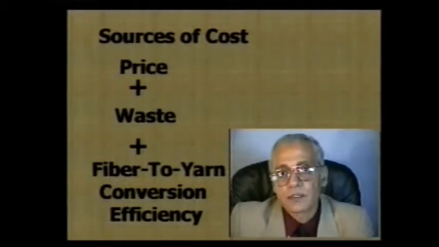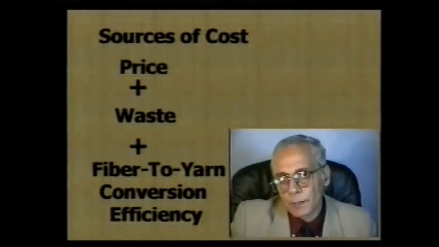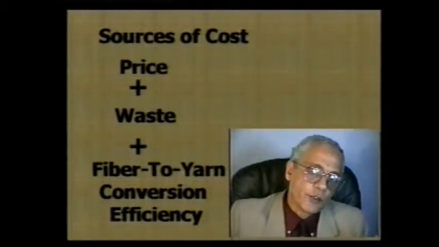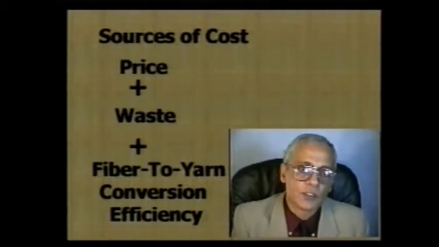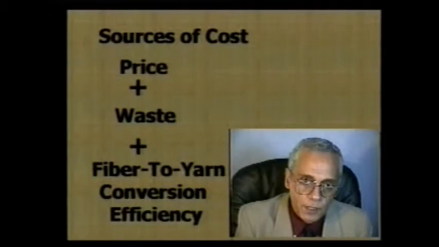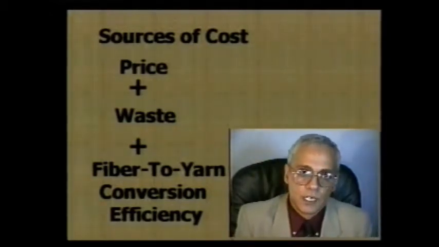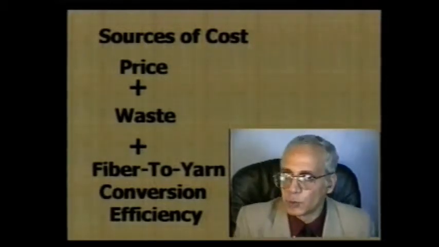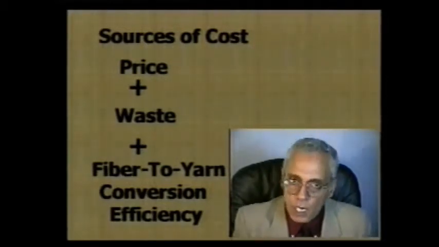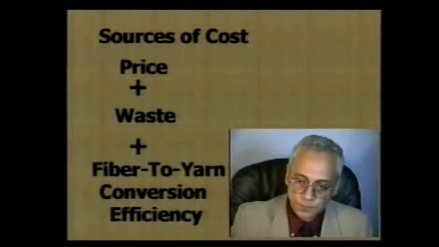And we must look at this seriously, because if we're going to pay premium price for the fibers, then we might as well finish the job by trying to utilize the fibers to their ultimate potential in the yarn. In other words, do not buy high quality fibers and then produce a low quality yarn. And believe me, this happens quite often in our industry.